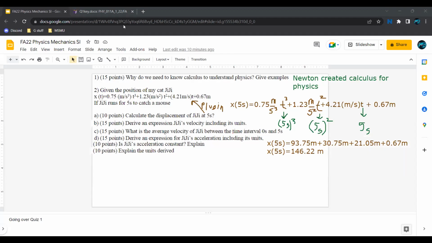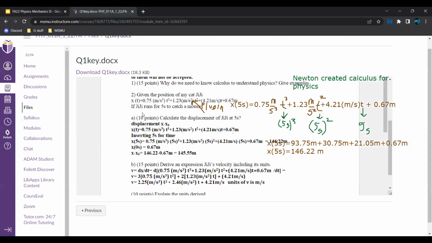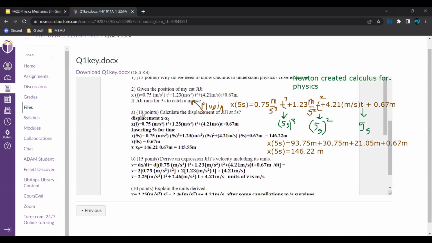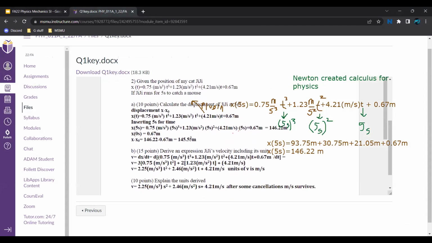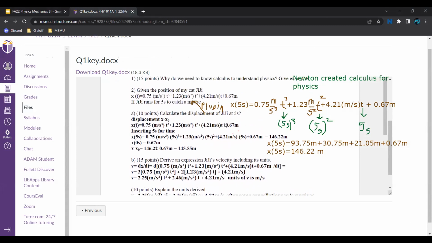So then we'll just go ahead and double check that with P. Right. So you see I made a mistake here. I did not do displacement. I did location after 5 seconds.